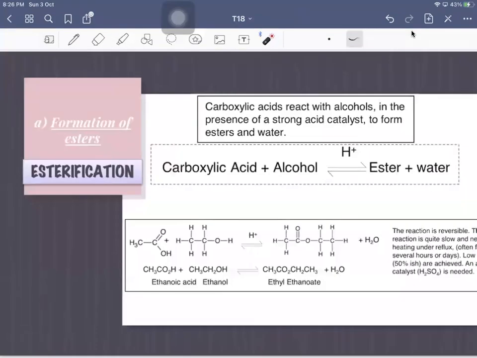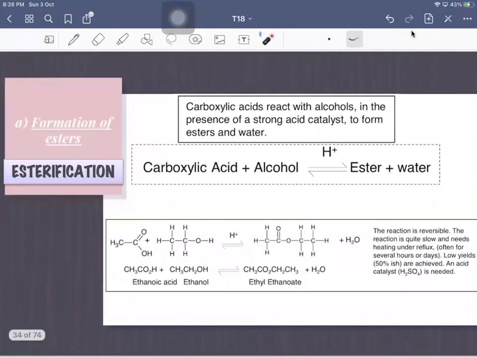This is under the formation of esters. Carboxylic acids react with alcohols in the presence of a strong acid catalyst to form esters and water.